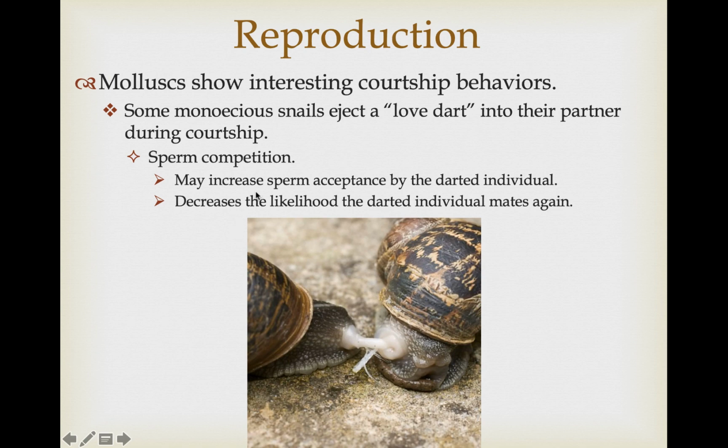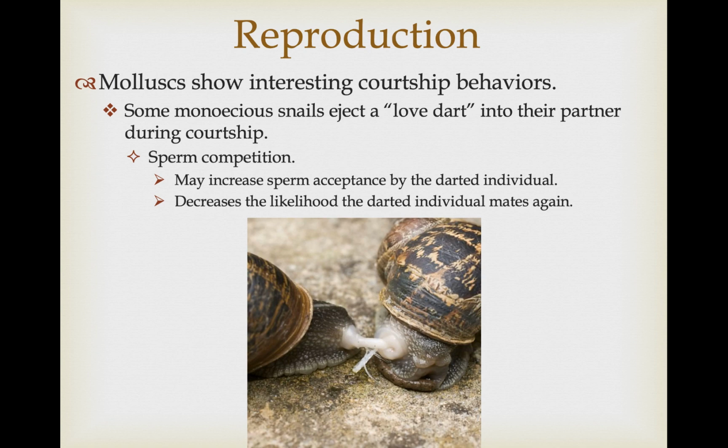What it may do is allow more efficient sperm transfer and then greater sperm acceptance by the darted individual. So why would you be more likely to take the sperm of that individual if they dart you? Well, because you may be injured in some way, and it decreases the likelihood that the darted individual is going to mate again.